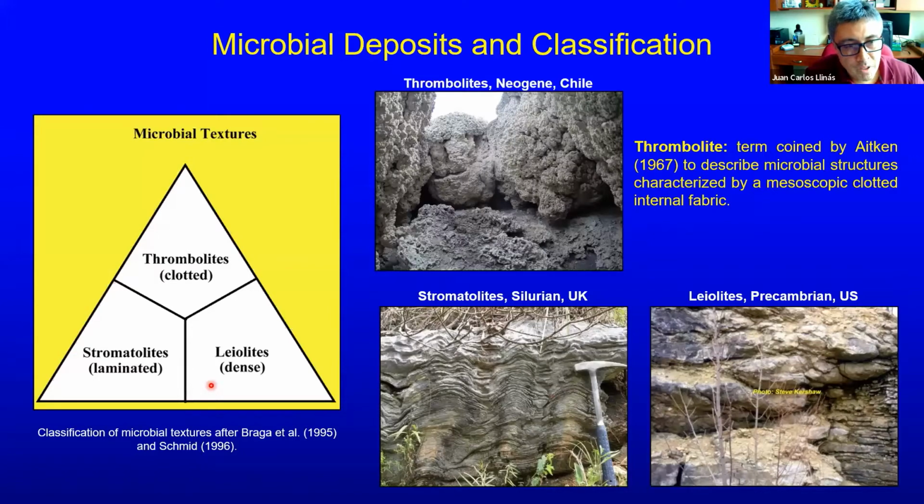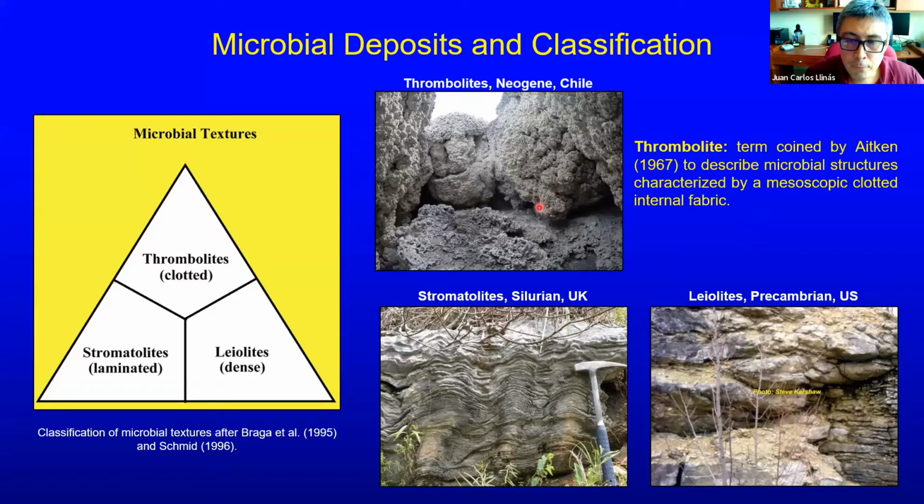And in 1995, Braga came up with this internal classification of microbial textures. So he divided them into thrombolites. Thrombolite was a term coined by Aitken in 1967 to describe microbial structures characterized by a mesoscopic clotted internal fabric. Here's an example, the Neogene in Chile.